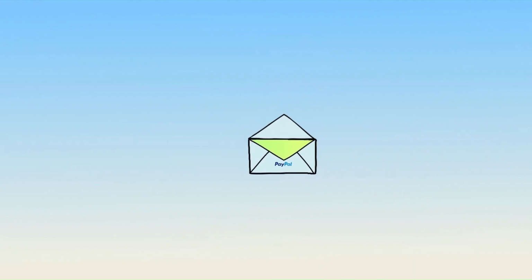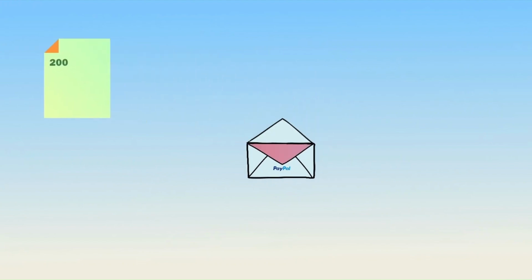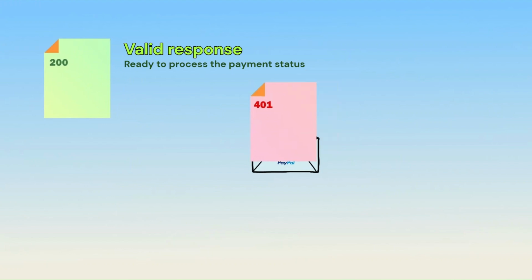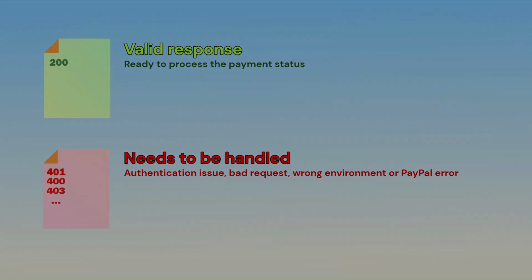You send it to PayPal, and now we can rely on this information. 200 means it's a valid response, and 400 or something means something went wrong and we need to handle that. So it could be the token expired, something went wrong.